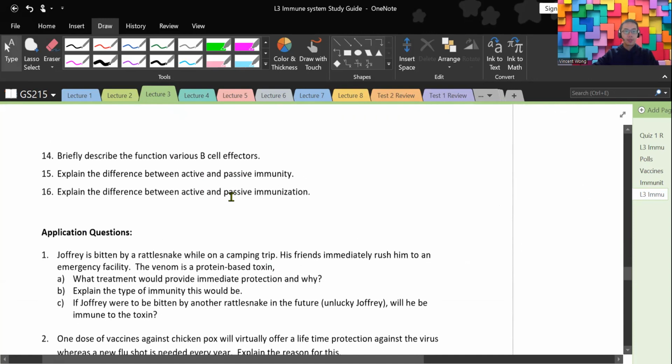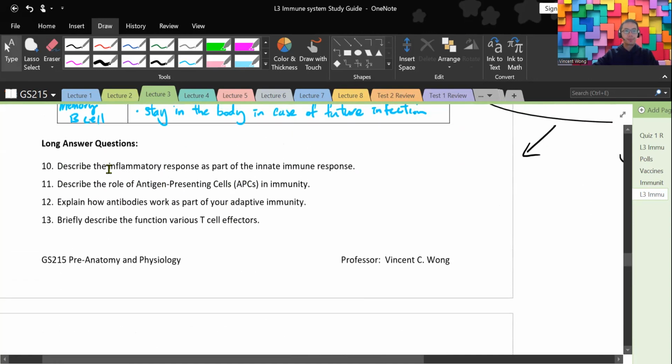All right, let's do some of these long answer questions. We did inflammation already. I explained the role of APC. Okay. Explain how antibody works as part of your adaptive immunity. Let's do that. The antibody works by, well, first of all, let's just quickly review what antibodies are. Antibodies are Y-shaped proteins, right?